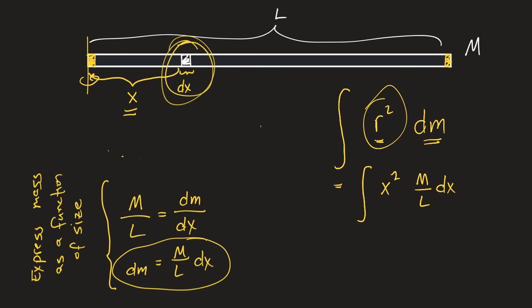Now, I'm going to draw my symbol, and at the bottom of the symbol, I put where I start. And at the top of the symbol, I'm going to put where I end, where the last piece is. The last piece is a distance L away. Everybody follow me so far?